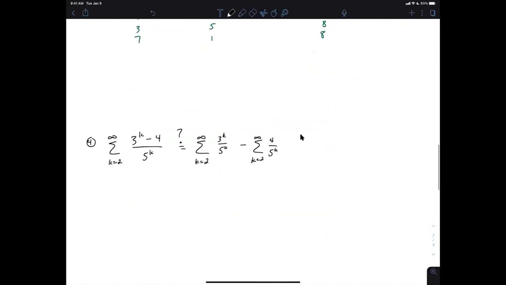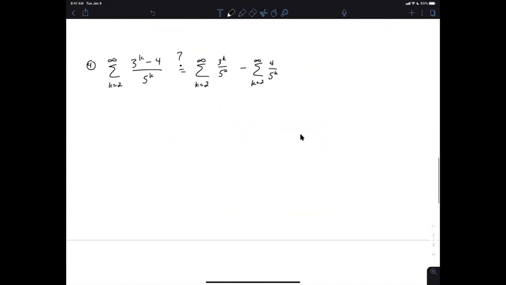So what do you think, without going any further, or maybe going one more step? If I do this, I would want to say that's the sum k equals 2 to infinity of 3/5 to the k minus the sum k equals 2 to infinity of 4 times 1/5 to the k. From here to here is for sure allowed. Am I allowed to do this?